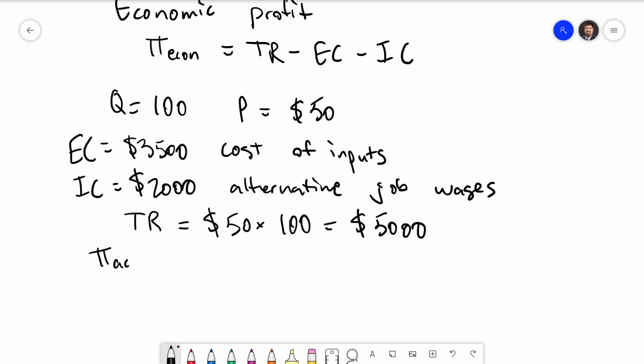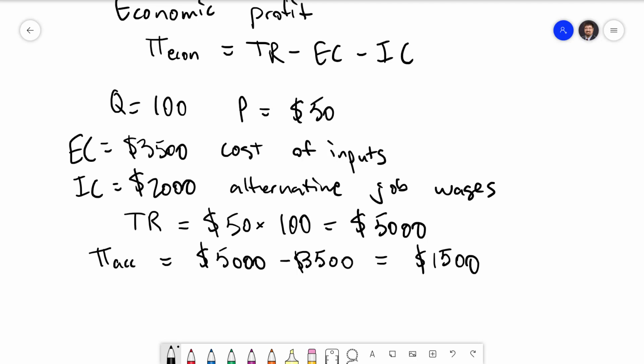Calculate the accounting profit. We take our total revenue of $5,000 and subtract the explicit cost, and we get $1,500. This means the business owner is making money. More money is coming in than is going out.